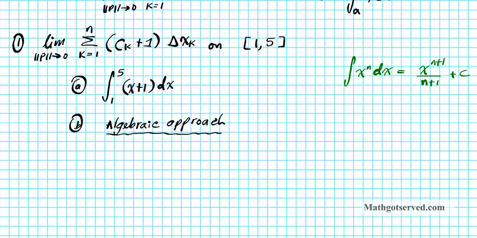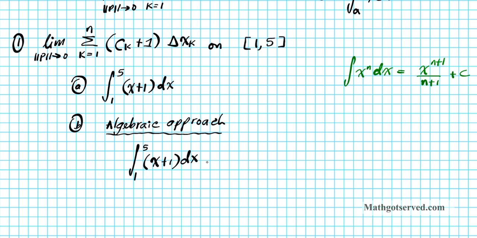So if we wanted to find the integral from 1 to 5 of x plus 1 dx, we're going to apply the power rule twice, to the x and then the 1. You can look at this one as having x to the 0th power.